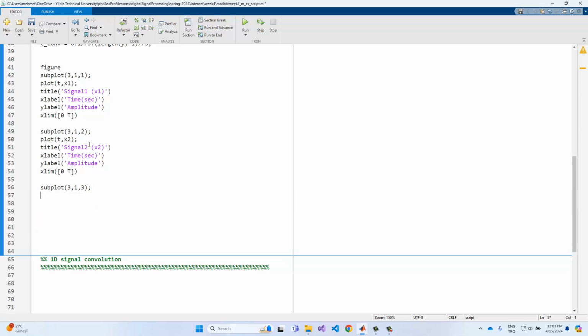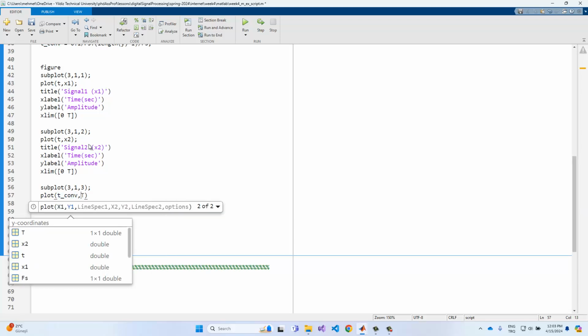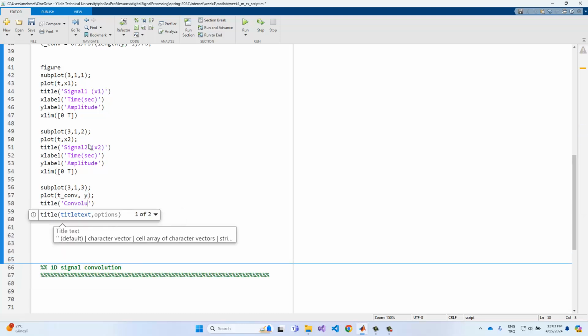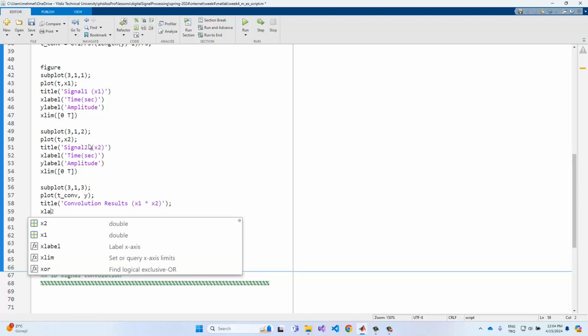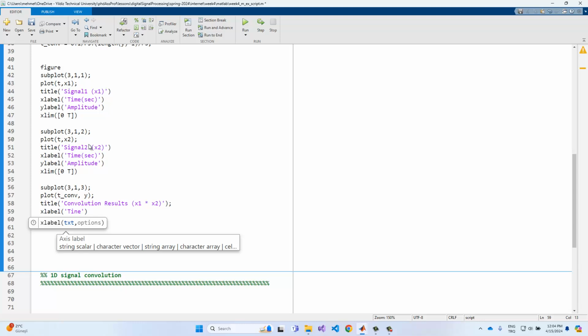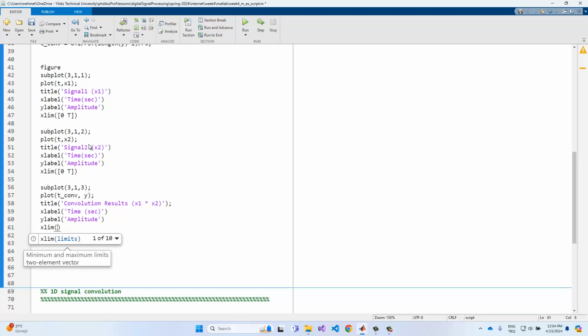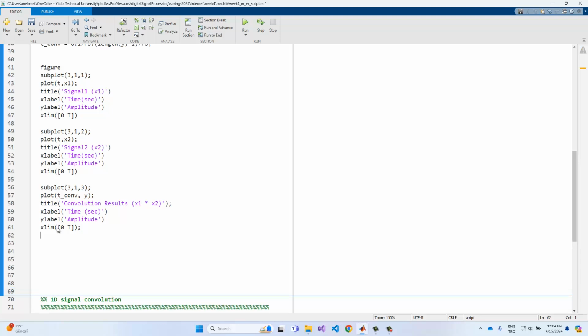3,1,3, okay, and we need to write plot(t_con, y), okay, and title 'convolution results', which means that x1 and x2, okay, and xlabel 'time (sec)' and ylabel 'amplitude', and xlim should be limited with the 0 to T value, the time limitation, and ylim should also be given in here, 0 to max.